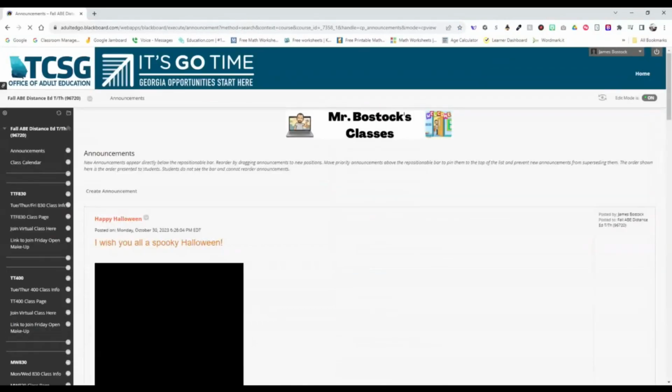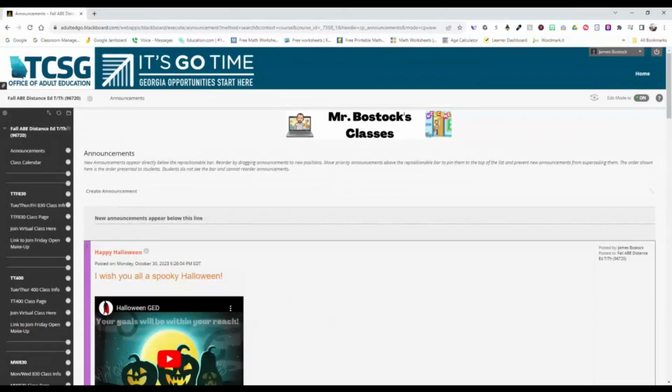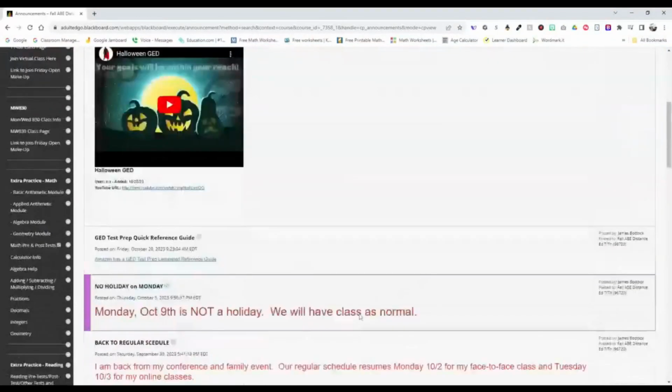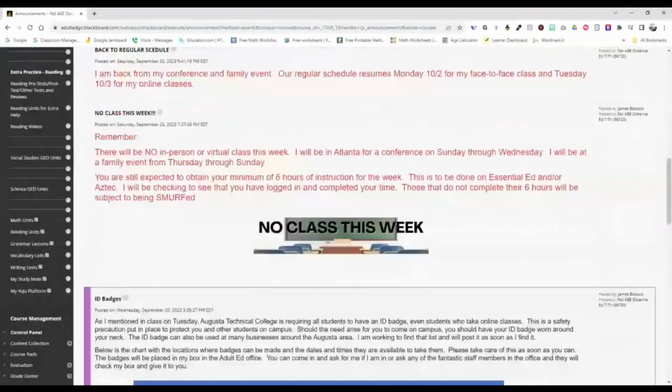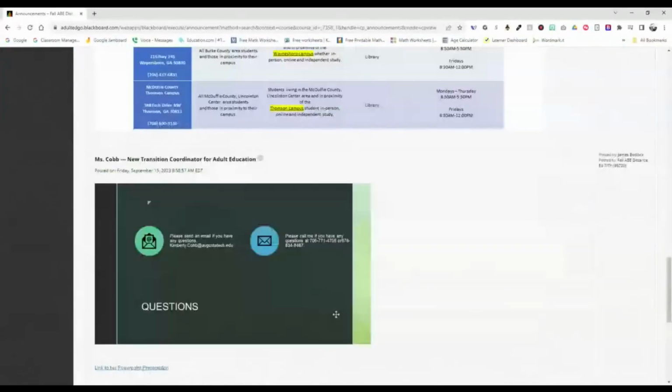Blackboard is where you download your homework and upload your homework. Once you get in, it will take you to the announcements page. This is the page that always opens up, and it goes all the way back to the beginning, basically.